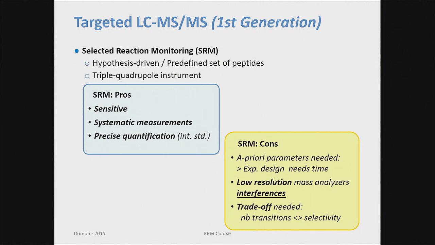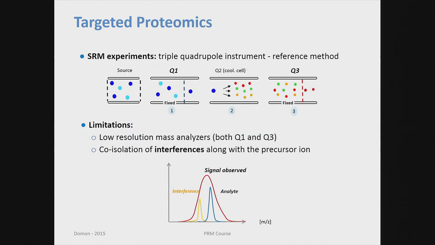And eventually, you have to cope with the duty cycle. If you want to put in more transitions, basically, if you keep the duty cycle fixed, more transitions means fewer peptides. So you have an issue with selectivity, potentially. And this is kind of shown here, right? Often the signal we measure in an SRM experiment is the red one.